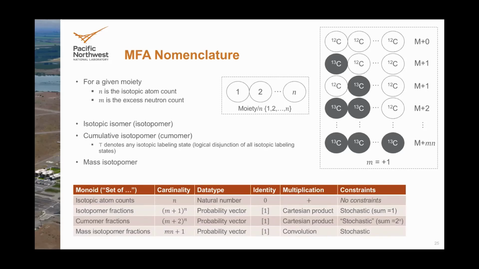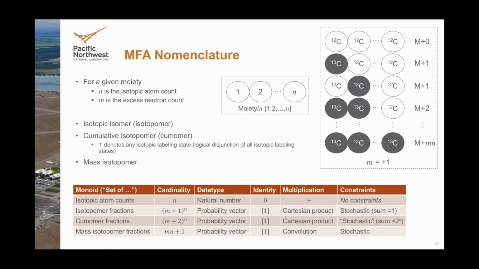Once we've done that, there are combinatorial objects that we can construct. The first one is called the isotopic isomer, or the isotopomer. It's a brilliant name, really rolls off the tongue, and you can see them on the top right-hand side. These are all of the possible combinations given the isotopic atoms that one could use, in this case, on the carbon skeleton of a molecule.